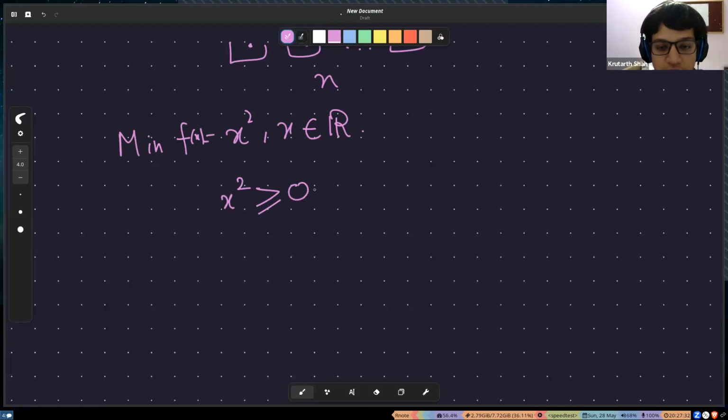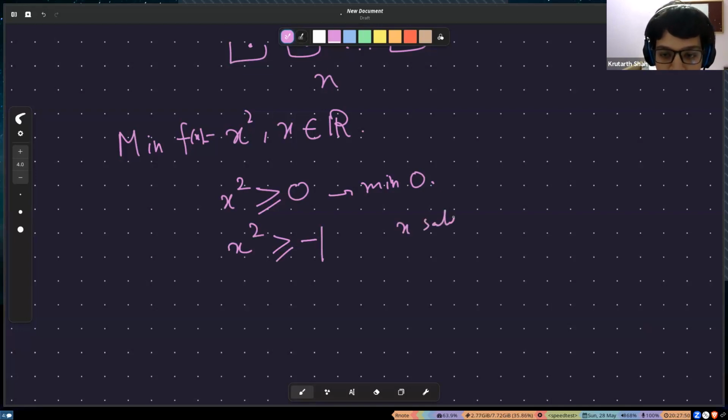Okay, it's just 0 because x square is always non-negative. So the minimum value would be 0. But this is not enough because you could also say that x square is at least -1. But the reason this is not a minimum is because there is no x satisfying x square equals -1.